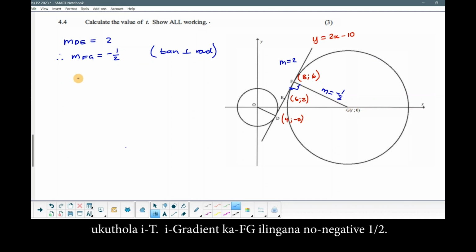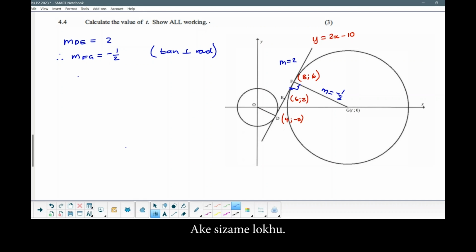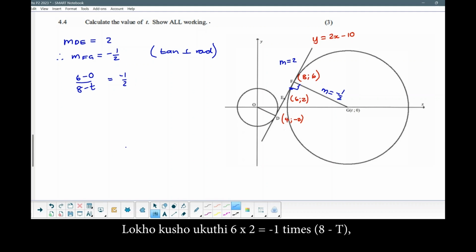So the gradient of FG is equal to negative half. So let's work that out. That means 6 minus 0 over 8 minus t is equal to negative half. So if we simplify that, we end up with 6 times 2 is equal to negative 1 times 8 minus t.